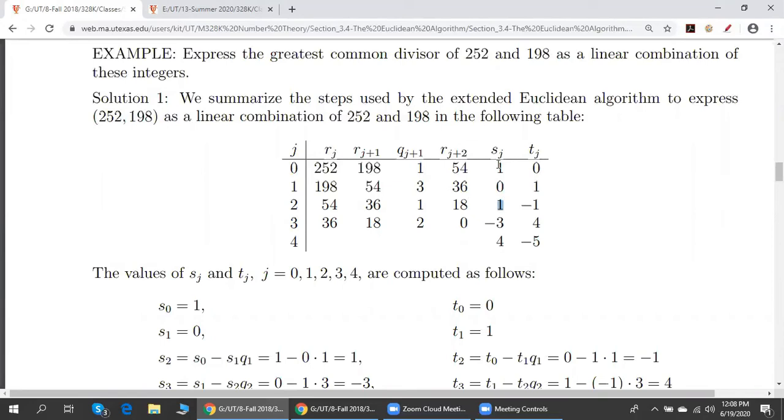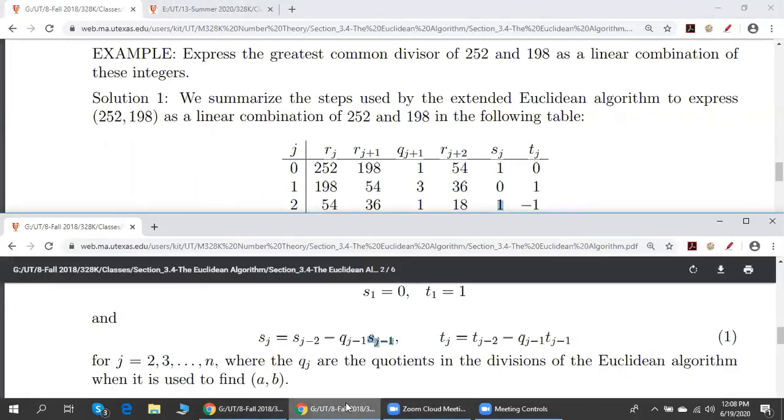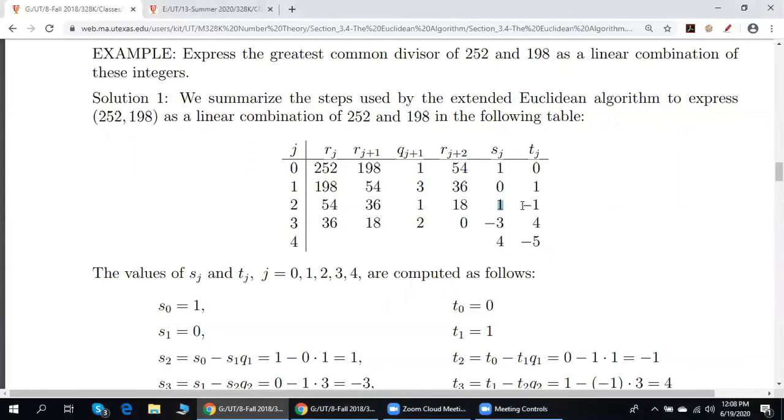This is equal to this minus this times this, which is indeed 1. Similarly, according to this formula, this number is equal to this minus this times this, which is -1.